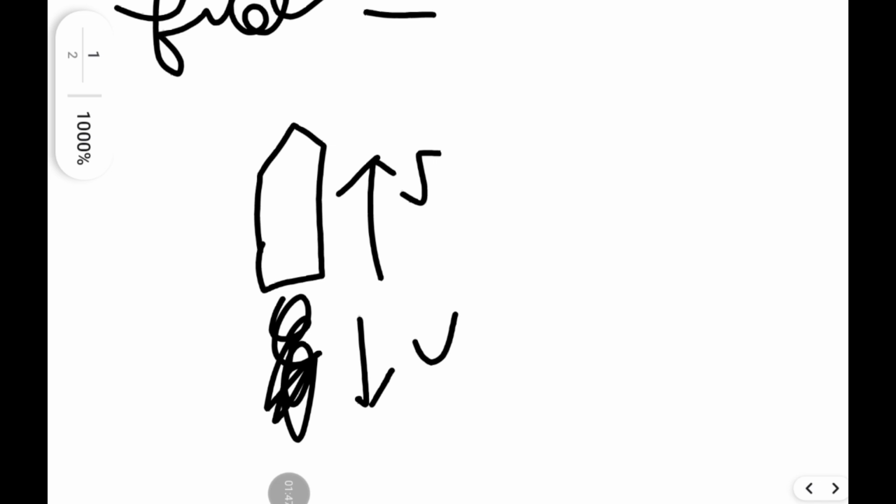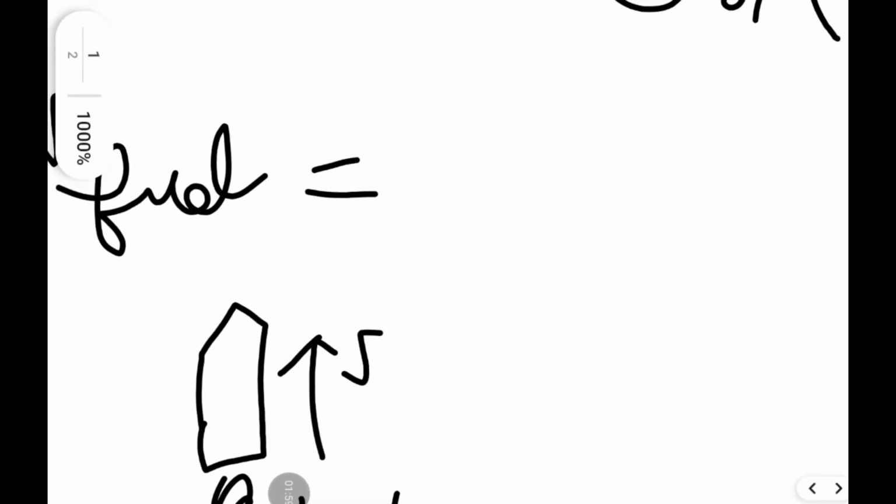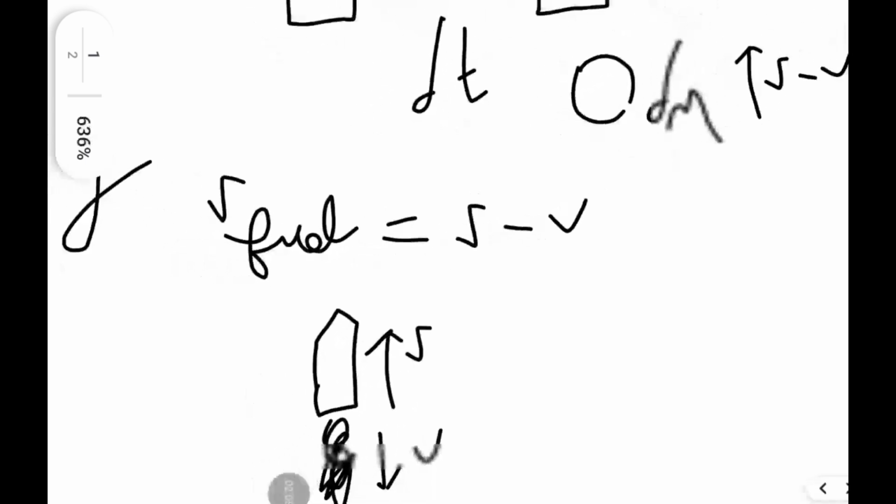Relative to the rocket, it is moving at minus u. However, we don't want to look at relative motion. We want to look at the absolute motion of it, and therefore it's going to be v, because it's with the rocket at first, minus the u, because it's being ejected at minus u, and therefore that's the velocity of the fuel. Now, if we want to put this into equations, one important area to look at first.